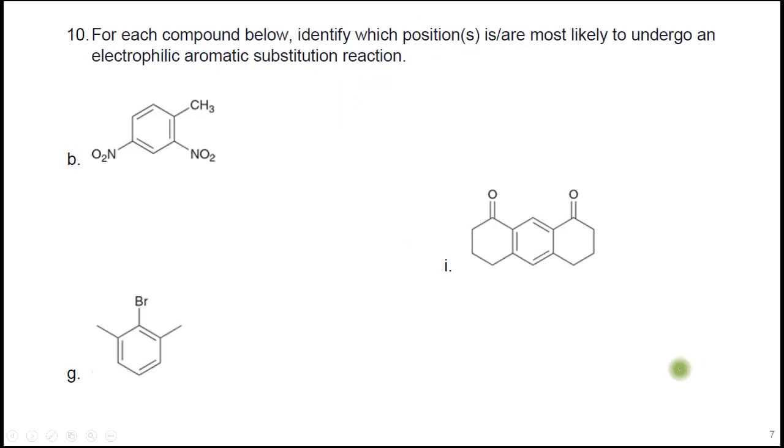In number 10, we're going to look at what is going to get added next, or where it is going to get added next. And remember that activating groups are stronger directors. And halogens always lose.